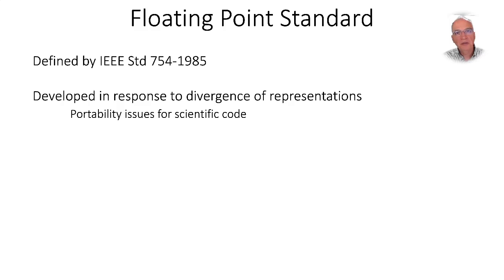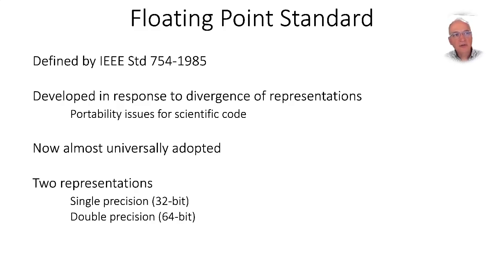Different computer manufacturers and different software people were using different representations for real numbers, and that caused lots of problems, as you can imagine, when you try to do transactions between different systems. And there was also a portability issue for scientific code. Now, this standard is almost universally adopted, so this is the standard to use.